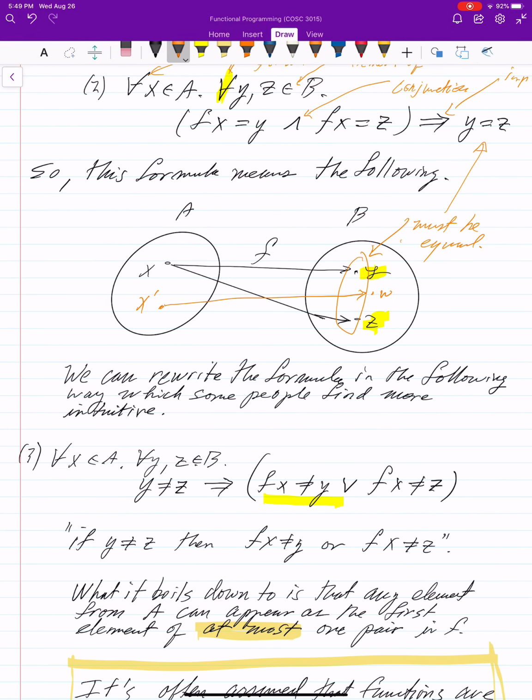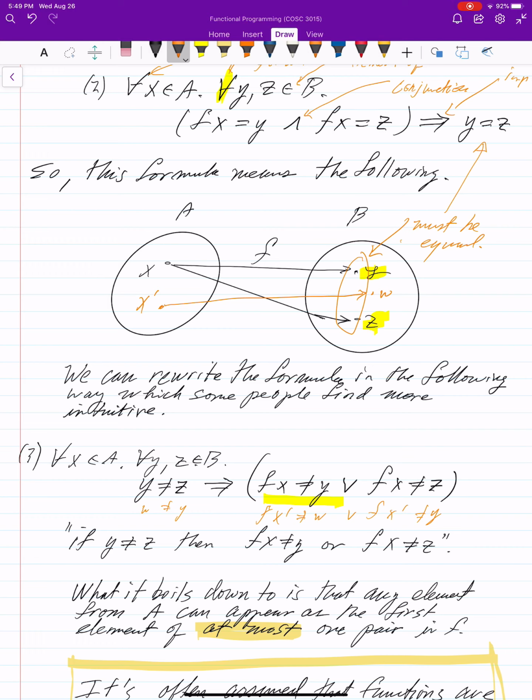And so this is saying, look, if w is not equal to y, that implies f of x prime is not equal to w, or f of x prime is not equal to y. Okay, that's true.